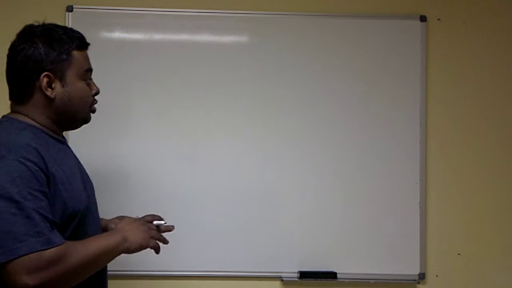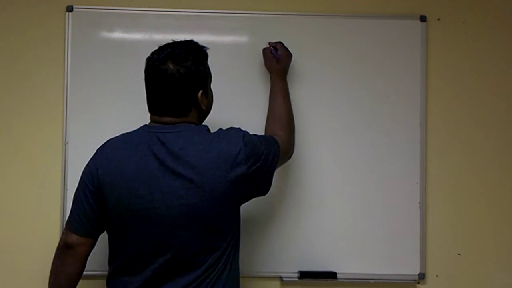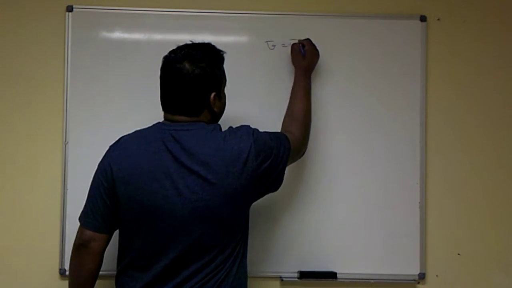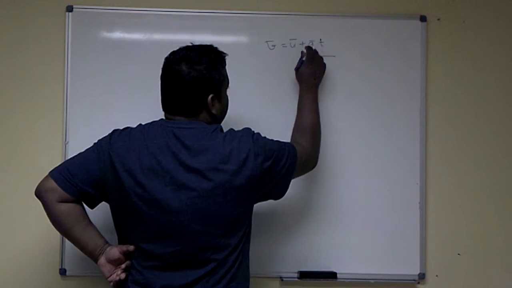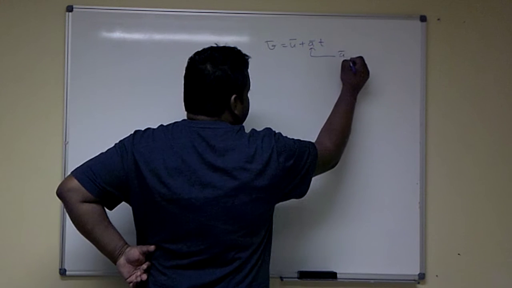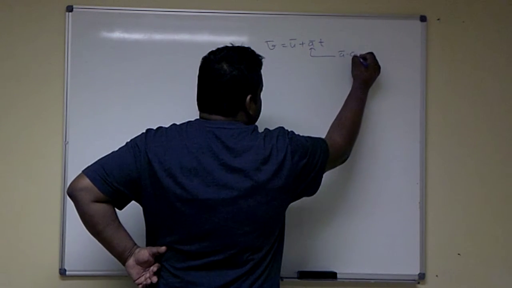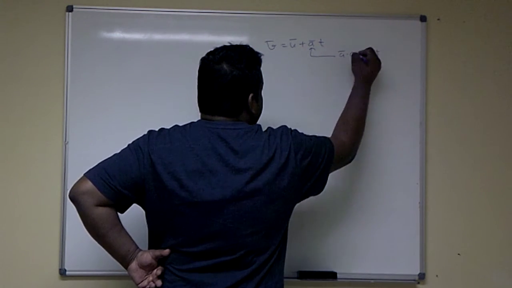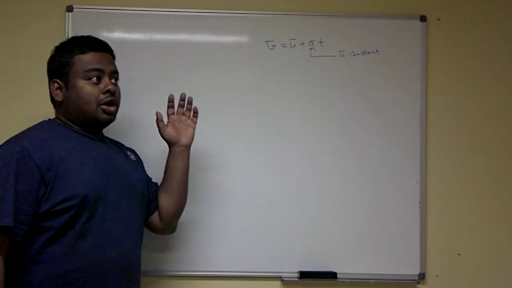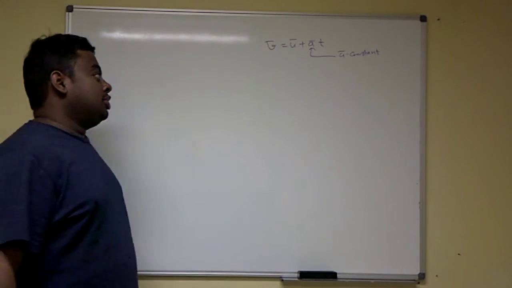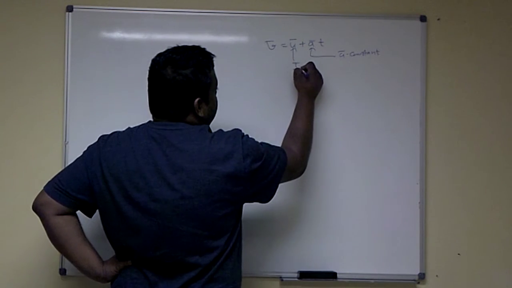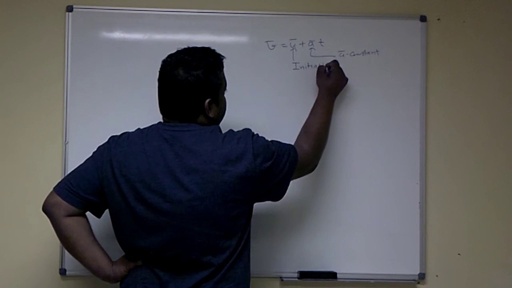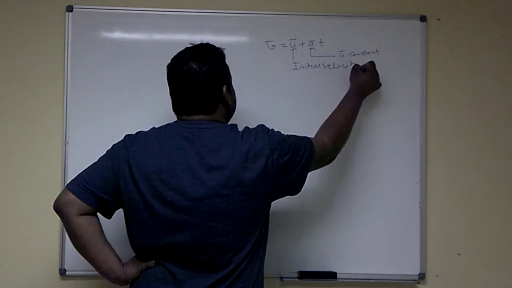Our first equation of motion was v vector equals u vector plus a vector t. Our assumptions were that this acceleration vector a is a constant vector, meaning its magnitude and direction both are constant. The u vector was a constant initial velocity. It has to be constant by its initial, right?